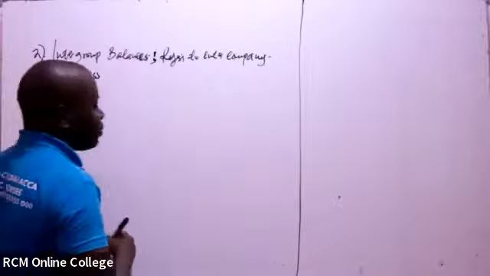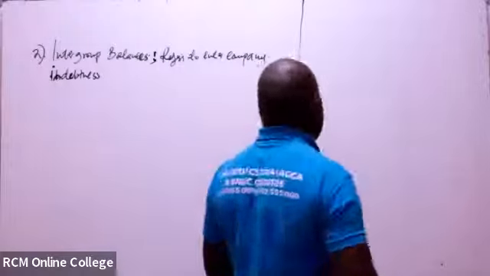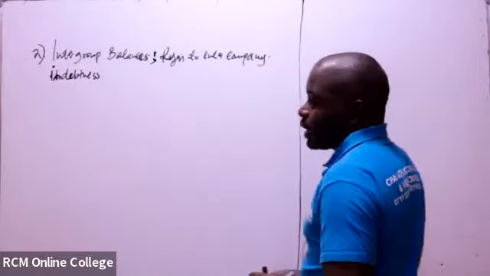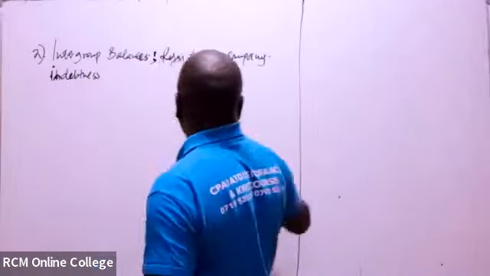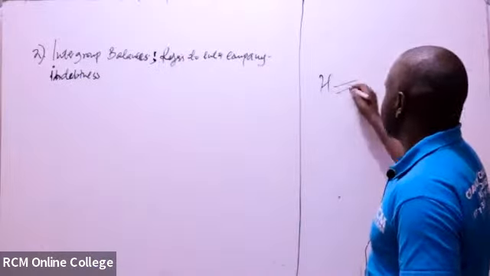It is where one of the companies is a debtor to the other by virtue of the fact that one of the companies supplied goods to the other on credit. So like in this case, the holding company sold some goods on credit to maybe the subsidiary.